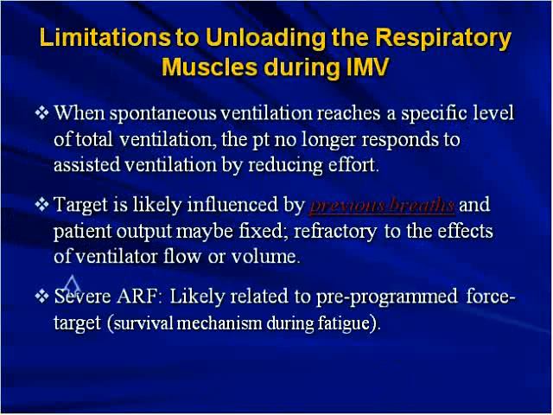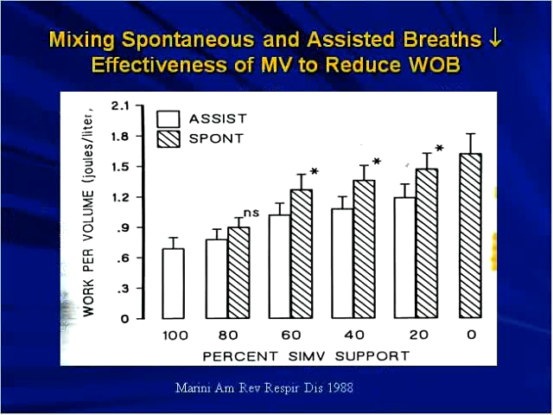Also, in patients with severe respiratory failure and muscle weakness or at the brink of muscle fatigue, the patient's output may be fixed and refractory to the effects of flow rate and volume. So it's likely that there is a pre-programmed force target, and it's probably a survival mechanism built in through evolution in the extreme cases to try to prevent us from shredding our muscles and dying.